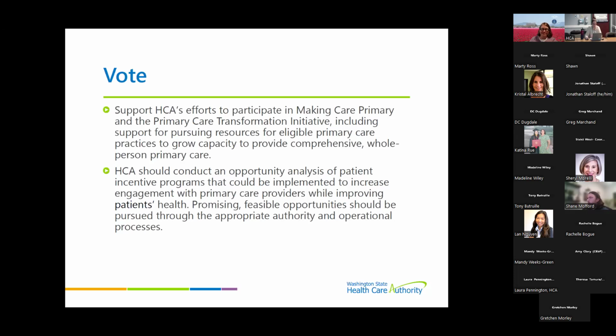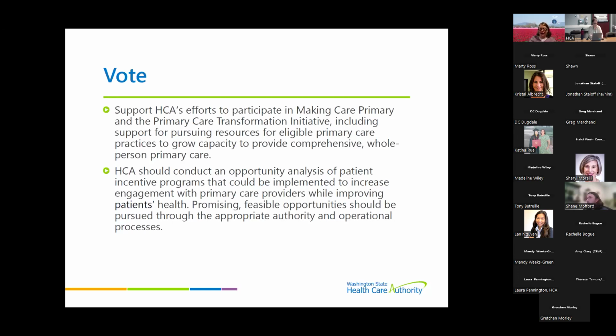Okay, that's helpful feedback. That is why it has the primary care transformation initiative. Maybe we should talk about switching the order of that or moving MCP off entirely. You all don't know, but we have been tinkering around the edges and have changed our primary care work from the primary care transformation model to the primary care transformation initiative, which encompasses both making care primary and the model group that was there before, and whoever else.